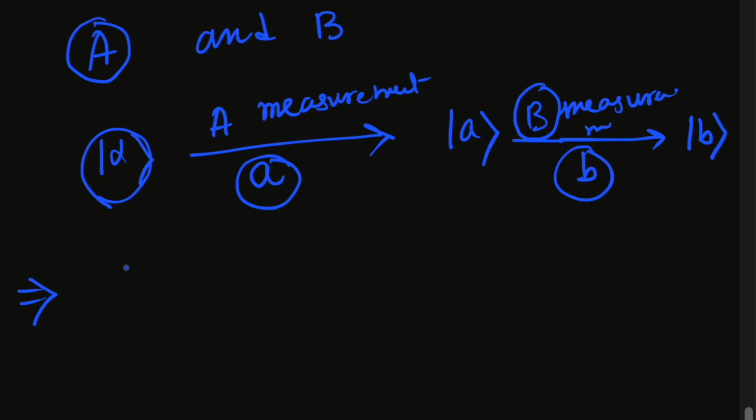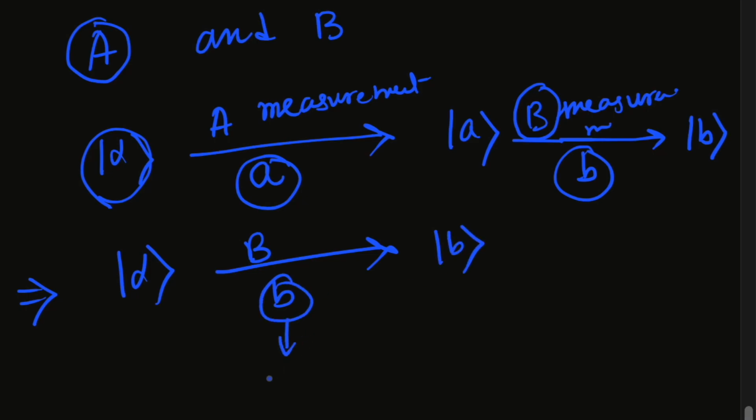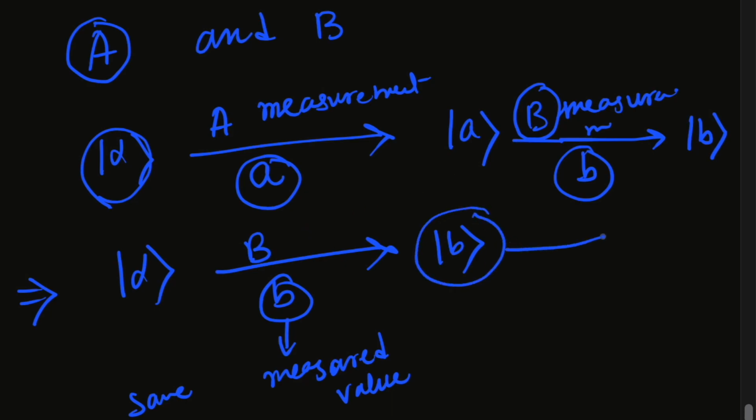Now if we measure B first and then A, and we get the same measurement values, then we will say that A and B are compatible operators. Suppose we measure in this state alpha B first, then we will get the same measured value as we got previously when we first observed A then B, and if we again observe A, we will get the same measured value as previously.